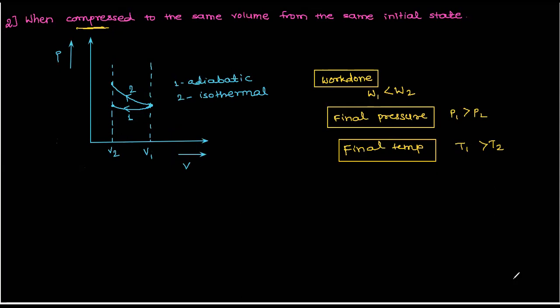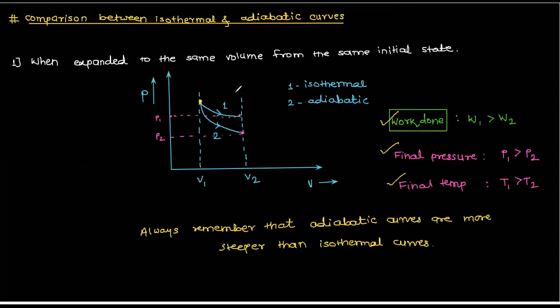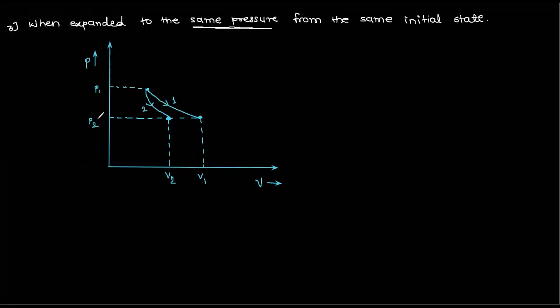In the first case, expanded to the same volume means initially same, but finally V2 is same in both processes, right? Here in this case, what is same? This P2 is going to be same in both cases, one and two. So what is going to happen here? Let's see.